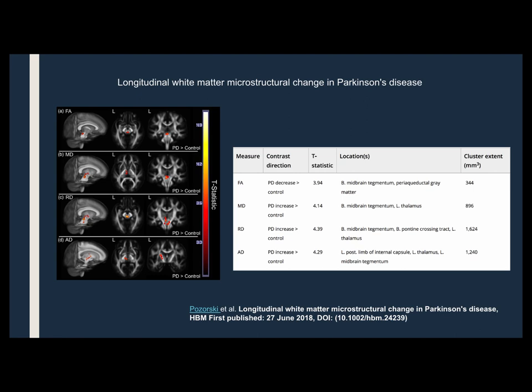But if you have the same subjects coming twice, the healthy volunteers and the patients, then you can see whether the evolution or the changes in the patient go at a different rate than the changes in the healthy volunteers. So there are a few areas where you can see changes here, and the patients have deficits faster than the controls in the midbrain.